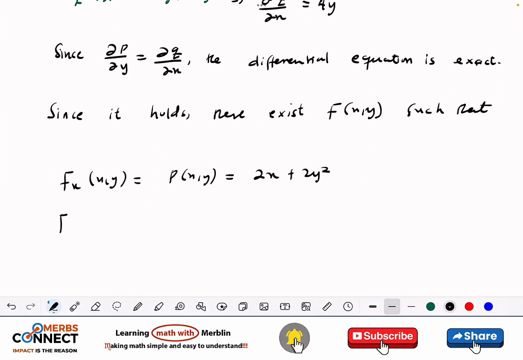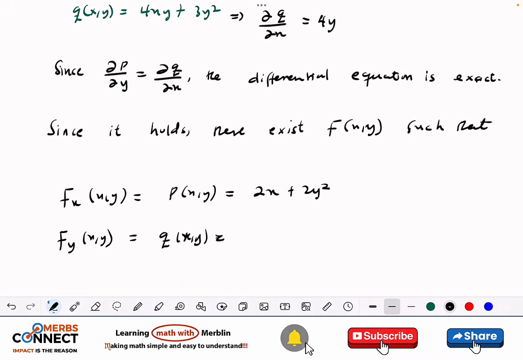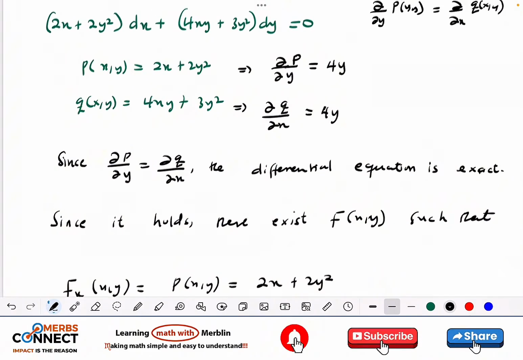Now, when I differentiate the same function with respect to y, I'm going to have Q of xy, which was 4xy plus 3y squared. So basically, that's what we are doing here.